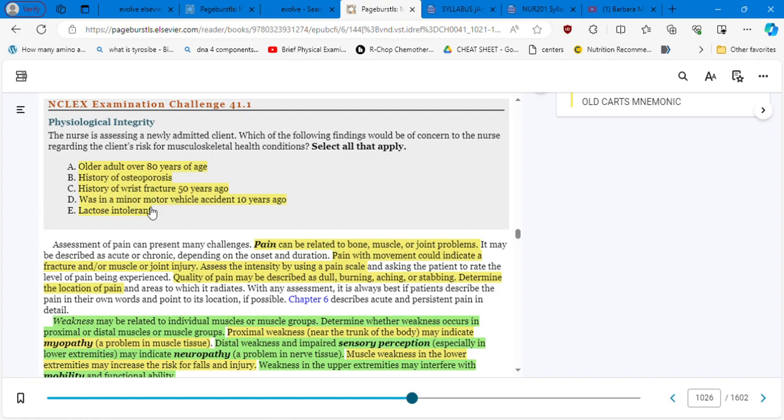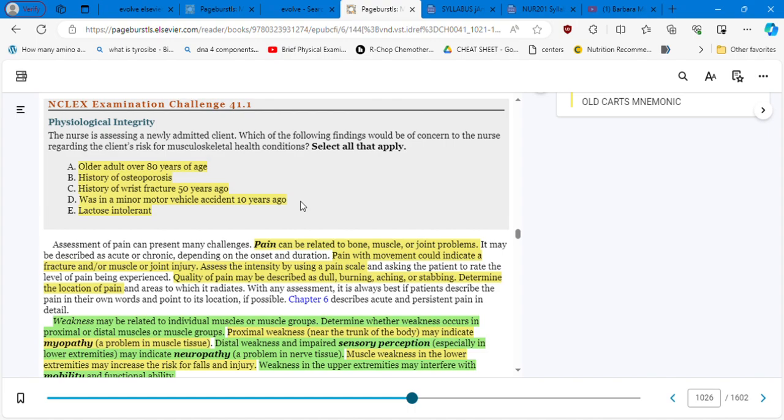Was in a minor motor vehicle accident 10 years ago. It's a risk too. It's a minor, okay? You can be driving your car and somebody hits you in the back, and that makes you move your cervical very strongly forward and backwards.